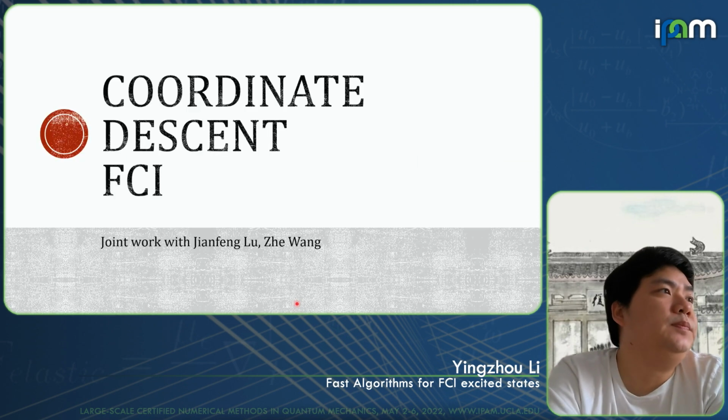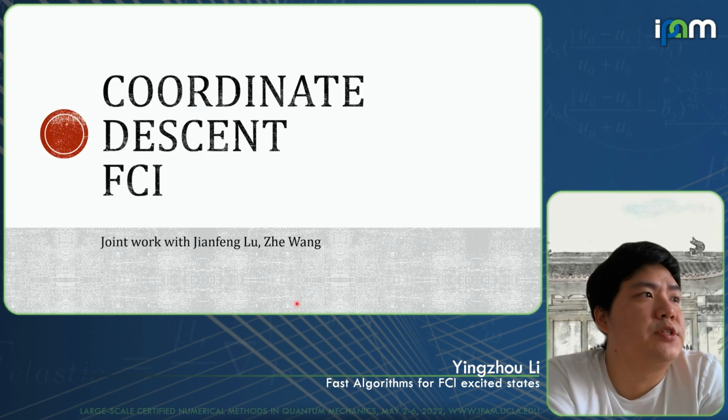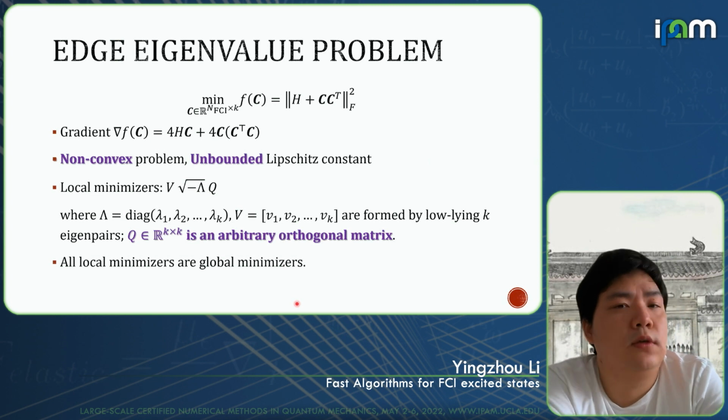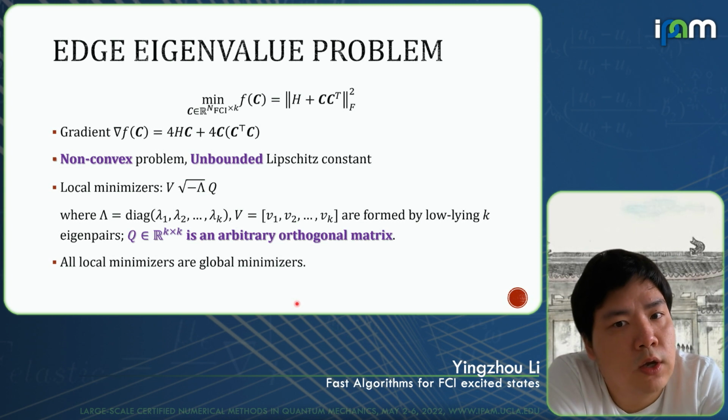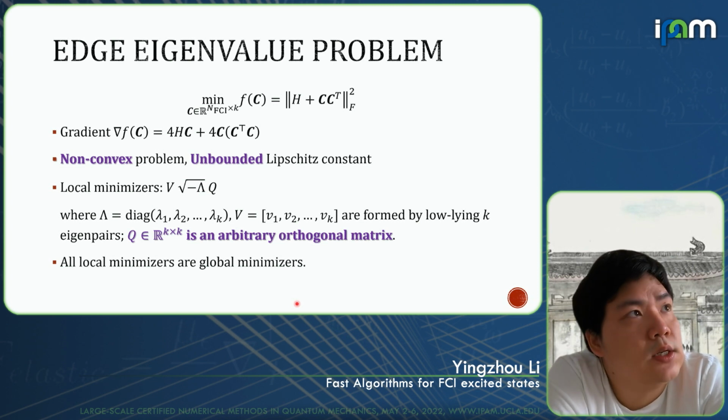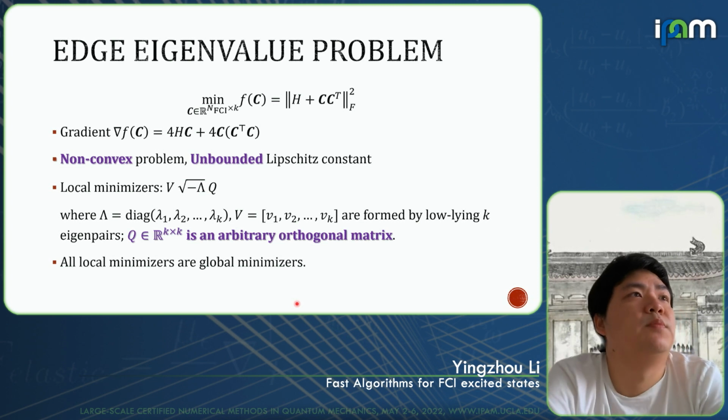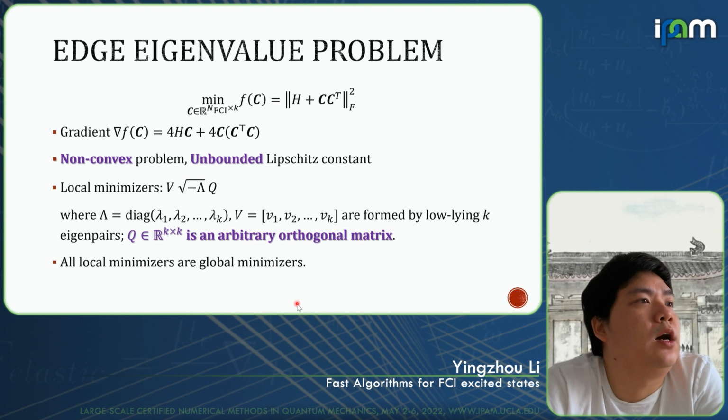So first, coordinate descent FCI. This is an extension of our previous work, CDFCI for the ground state. When we extend it to the excited states, it admits the given formula. Now, instead of a single vector, we have a matrix.